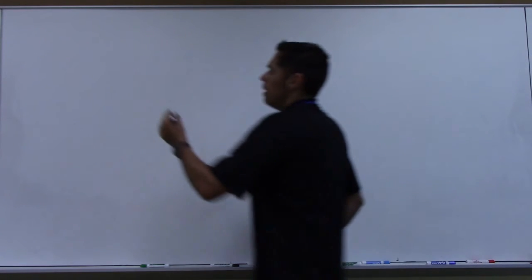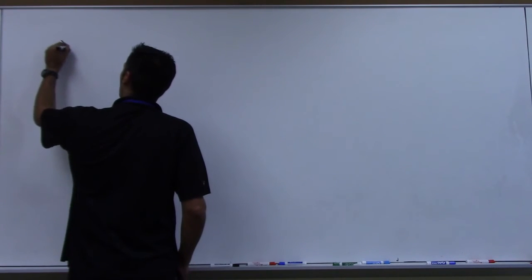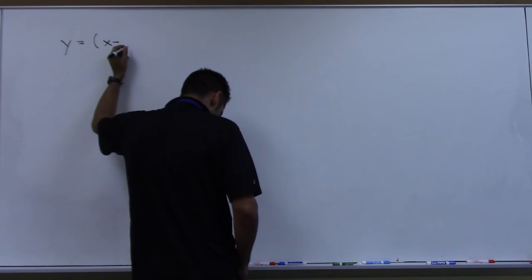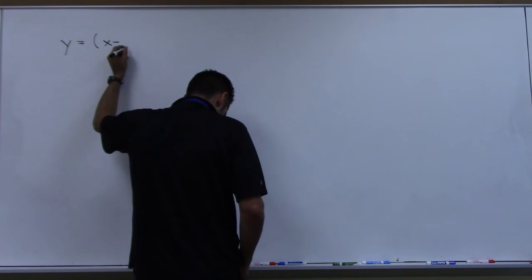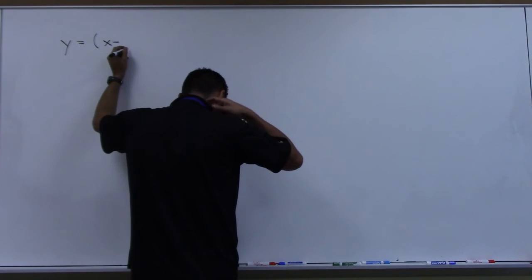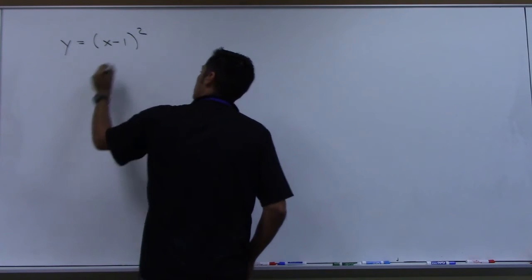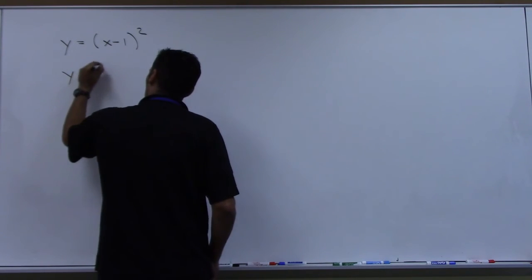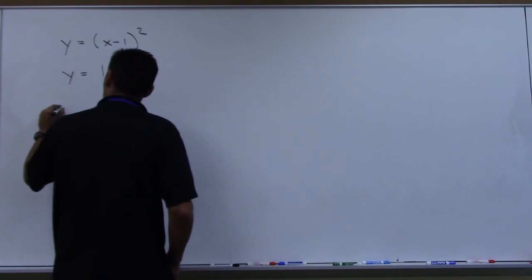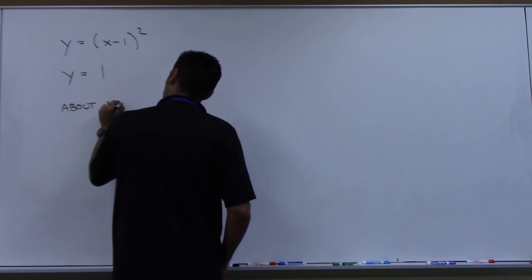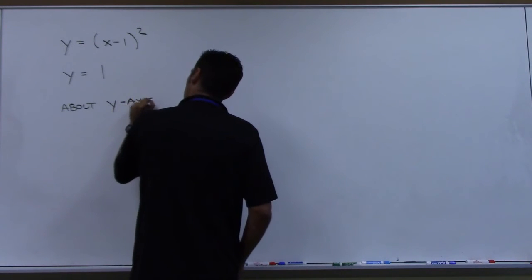Okay, I want to take y equals x minus 1 squared and y equals 1, and I want to rotate this about the y-axis.